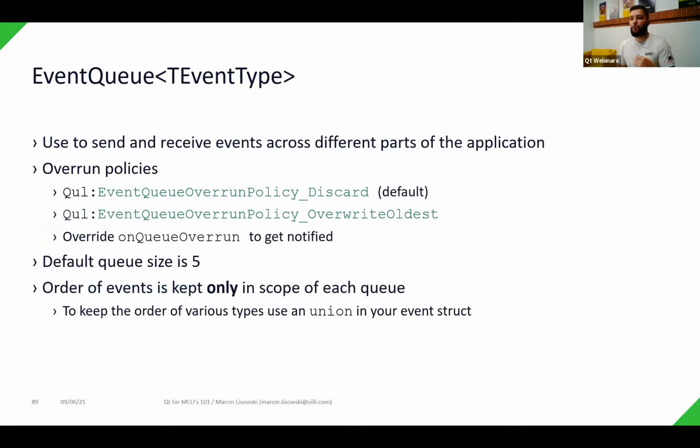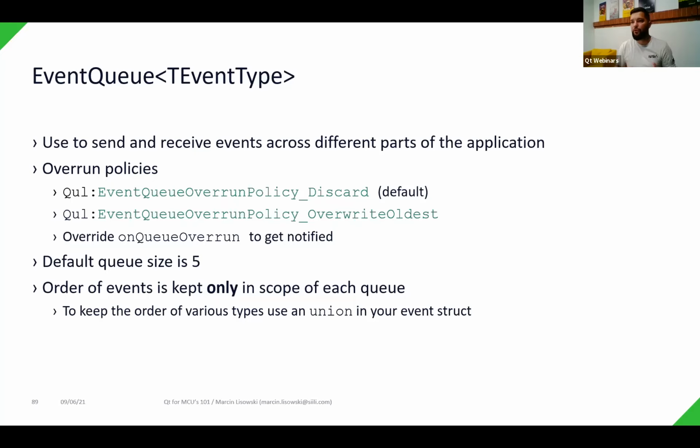If you want to pass events from the QML code to, for example, another C++ component that manages your Wi-Fi connection, and you're passing an event that a network was selected, you can use the event queue and send the event from the QML code to other C++ parts without any problem, and the Qt runtime will take care of passing that event to your endpoint. This can be configured as well.